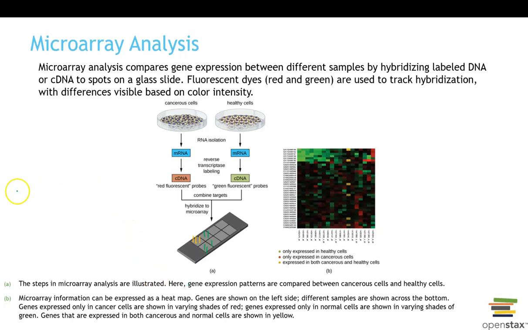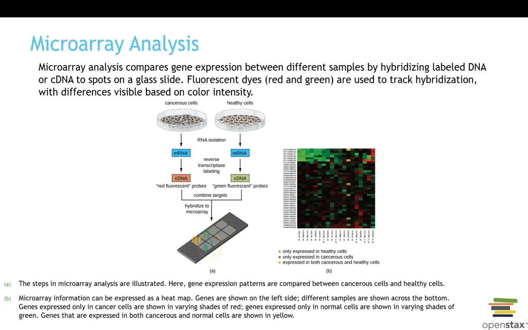So you extract the messenger RNA from both patients, make cDNA, and label those cDNAs with red or green fluorescence. We already have these chips ready, so you don't need to make them.